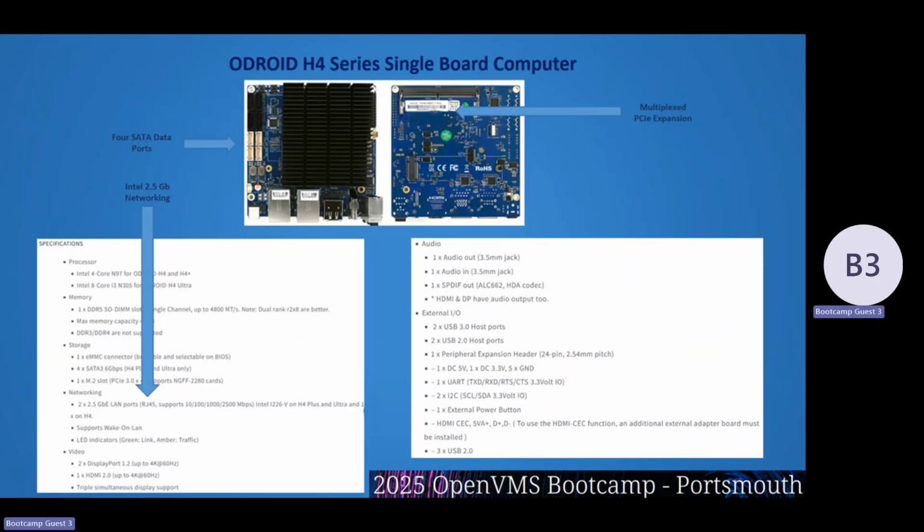Oh, before we get to the but, this is another guy that I came across. Best way to describe this single board computer is it's a monster.